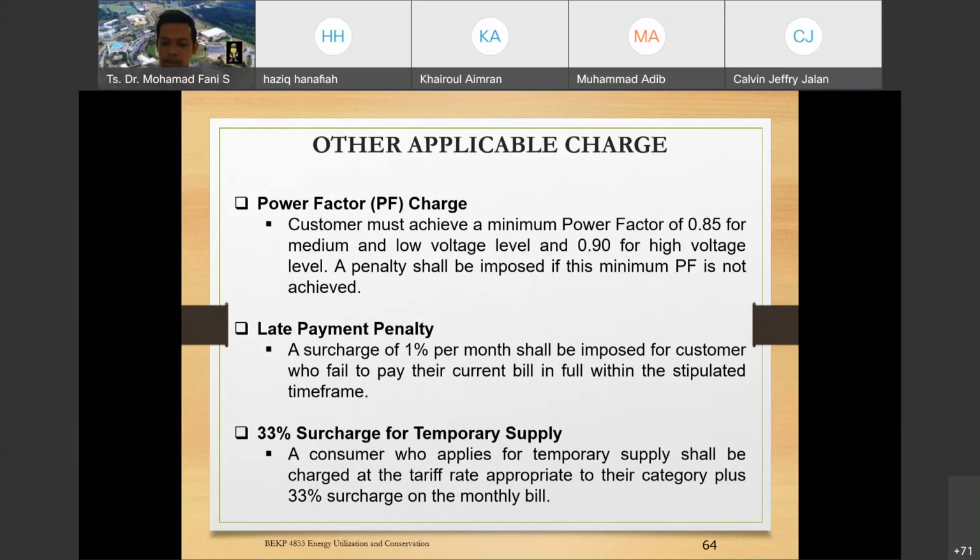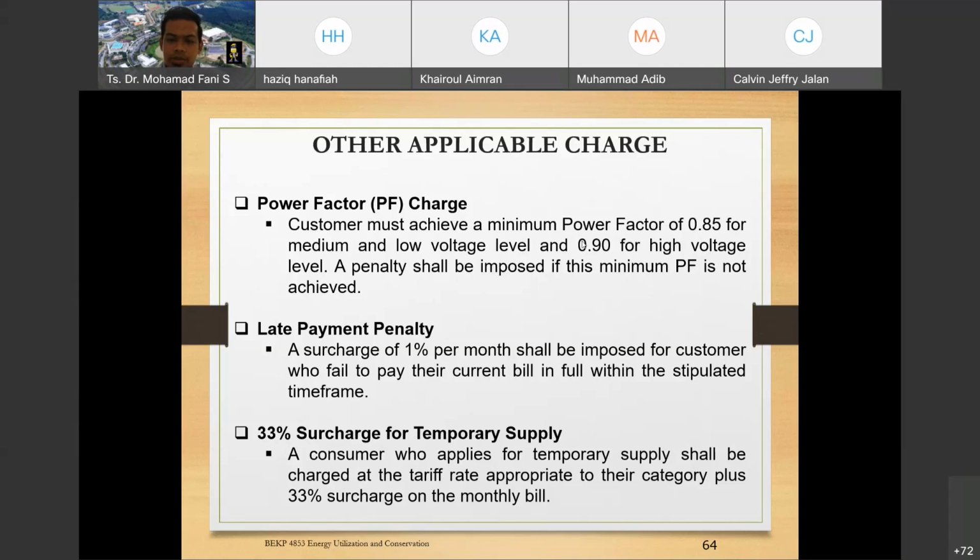The first decision is to identify the type of consumer using the electricity. The power factor charge is based on the voltage type: medium and low need to commit to a minimum power factor of 0.85, but for the high voltage level, they need to commit to a power factor of 0.9.